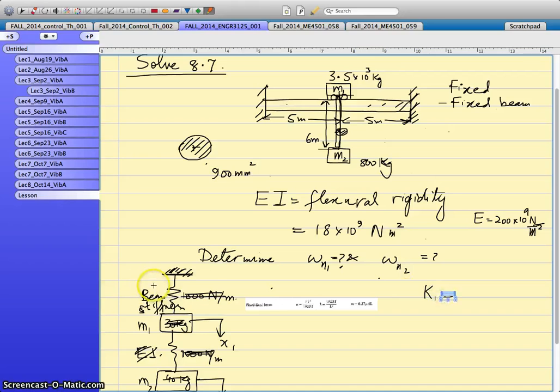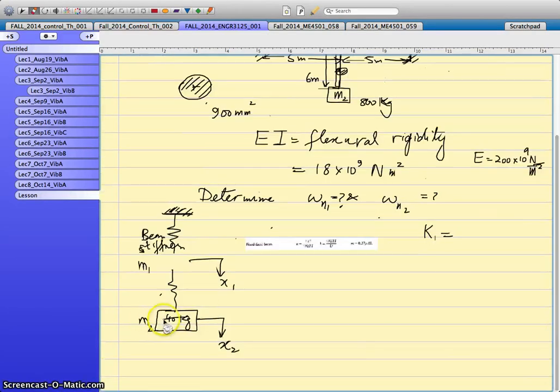This is my K1. So let me rewrite this. This is K1, this is K2, this is M1, and this is M2. And K1 is equal to 192 EI over L cubed.